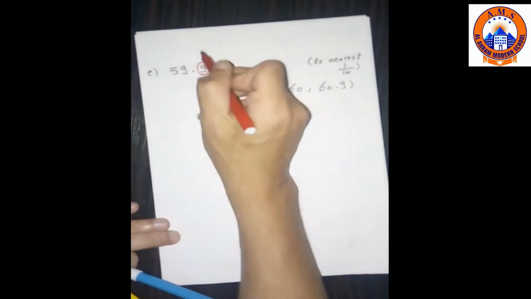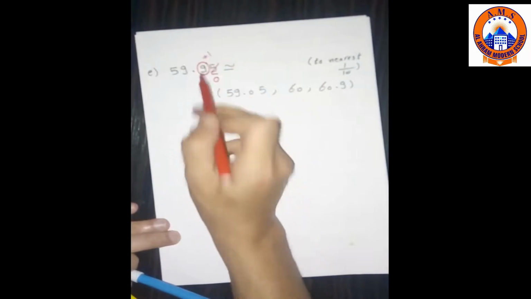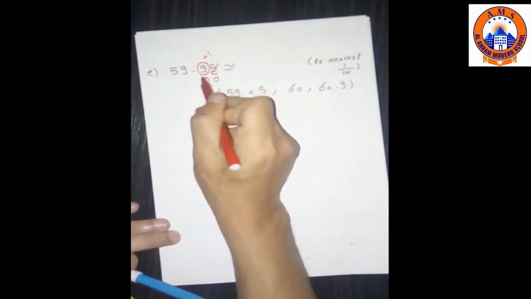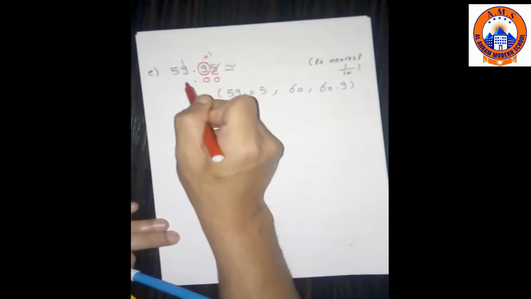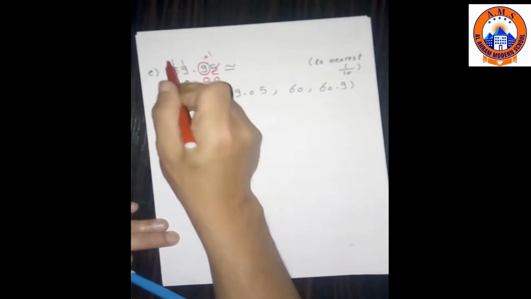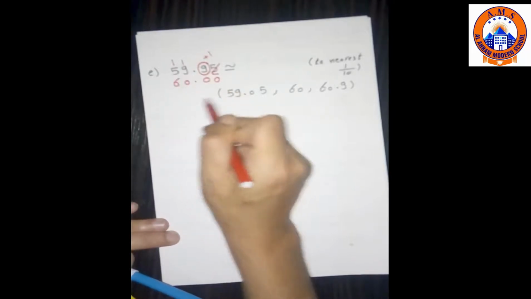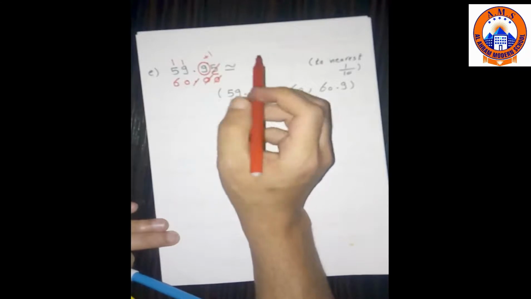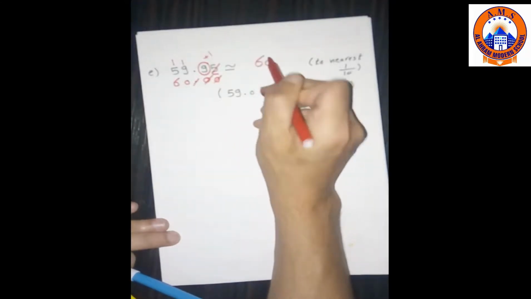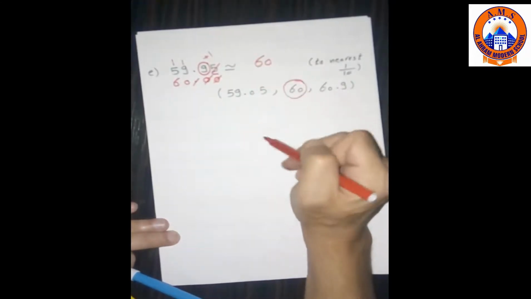It will increase this 9 by 1. After 9 we have 10, 0 and carry 1. We have a decimal point. 1 plus 9 is 10, 0 and carry 1. 1 plus 5 equals 6. So we can cancel the point and two zeros after the decimal point, and the answer will be 60, and we have to choose 60.